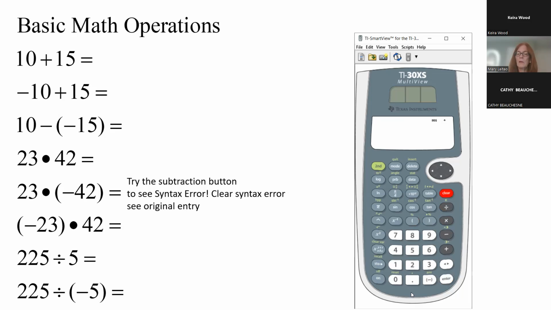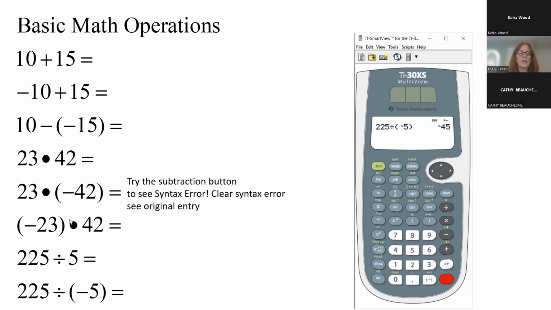Clear. 225 divided by parentheses, negative 5, close parentheses, enter. Negative 45, and that's because when you are multiplying and dividing, the only time you get a negative answer is when the signs of the numbers you're multiplying or dividing are different. So we have a negative and we have a positive, so you get a negative answer.